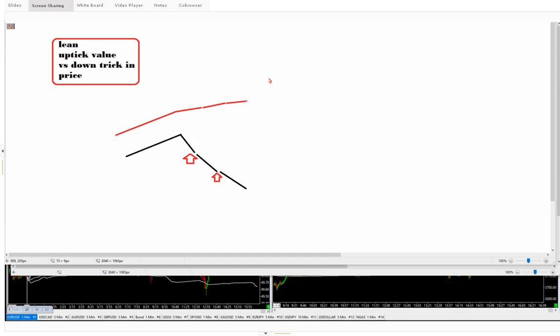So this is the problem, isn't it? This is the whole point I'm trying to make. Having a vague lean that says if I get a little bit of value on the bid or the offer, I'm taking a buy trade or a sell trade, is far too vague. But obviously, you know what alpha looks like. You've just not been able to define what alpha needs to be before you become a buyer or seller.